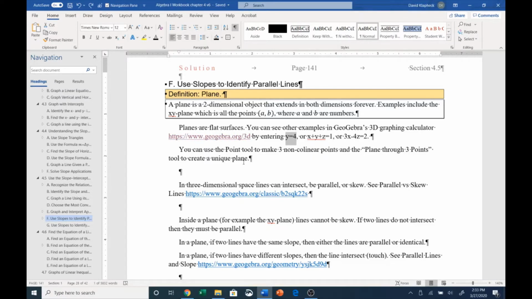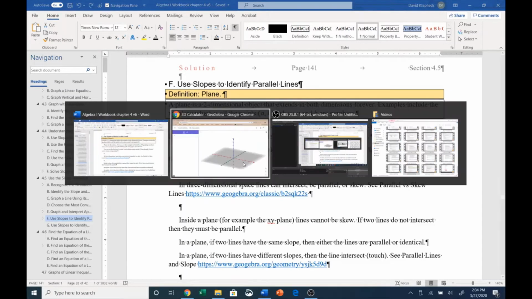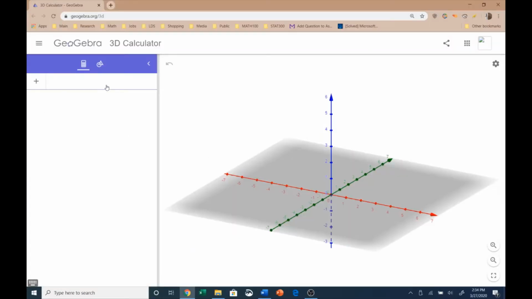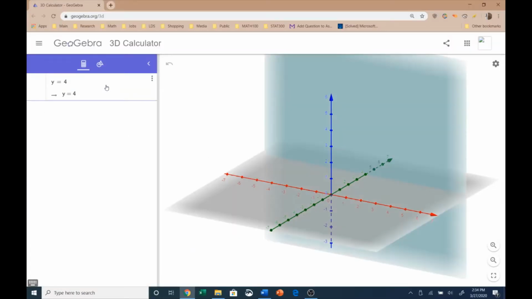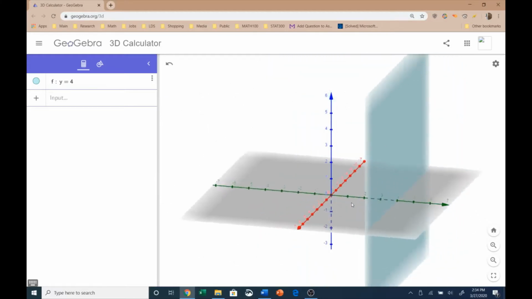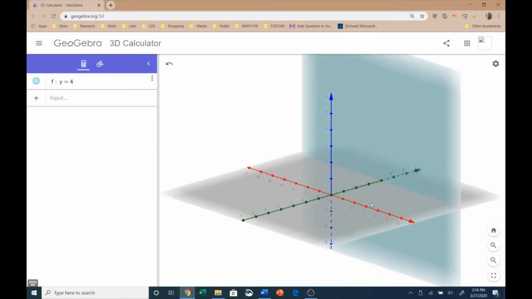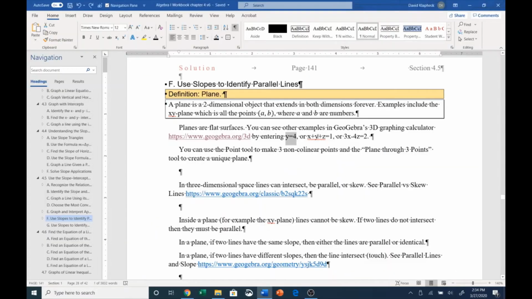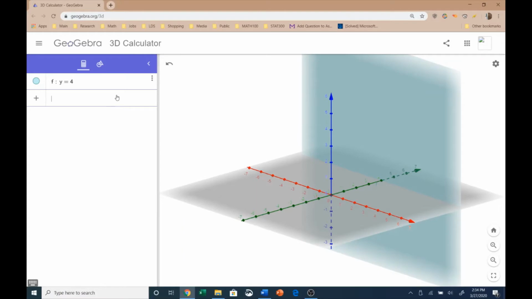Let's enter y equals 4 first. Go to GeoGebra 3D Grapher, y equals 4, and we can now see that this indeed is a flat surface on the plane y equals 4. The second plane we want to enter, x plus y plus z equals the number 1, looks a little bit different.